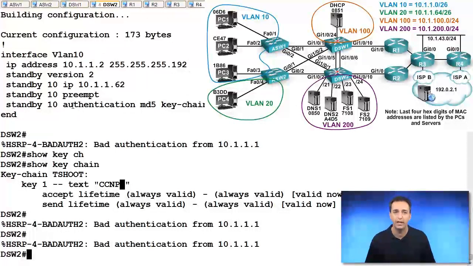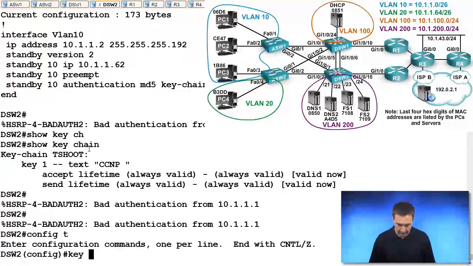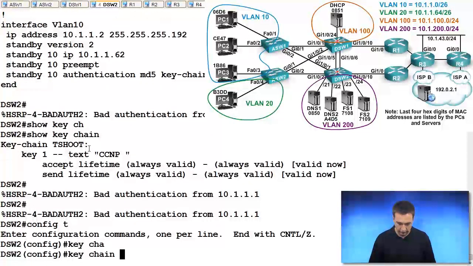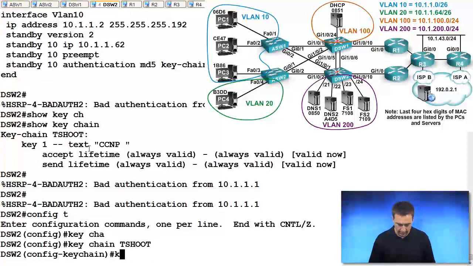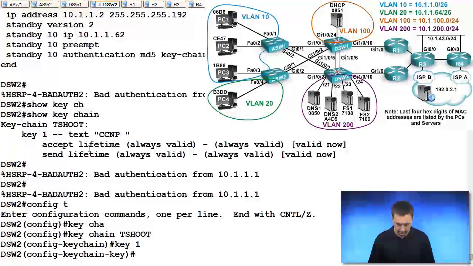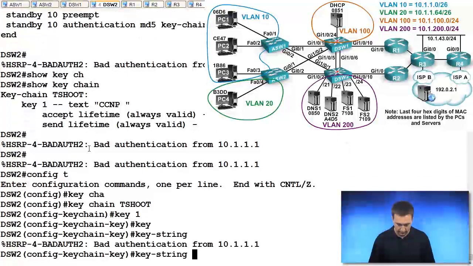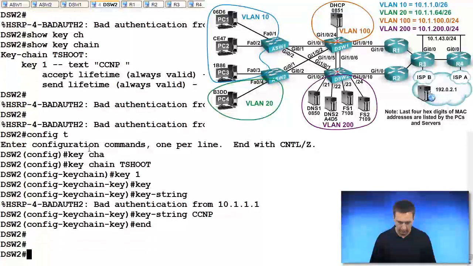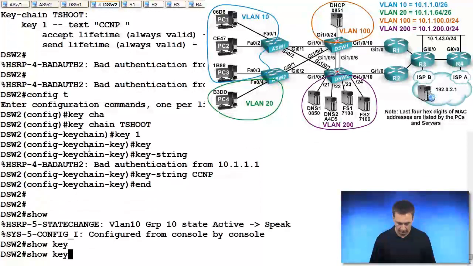Let's go ahead and fix that on DSW2. Configure terminal. The key chain is called TSHOOT. The key ID we have the problem with is key 1. And our key string has to be CCNP without a space. Let's go back and verify show key chain.